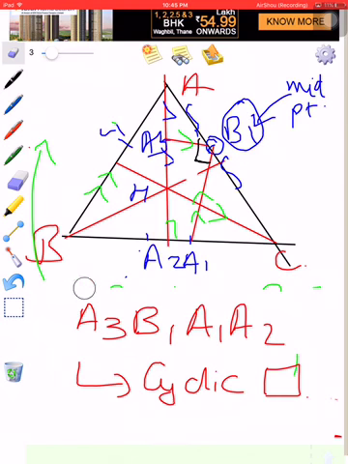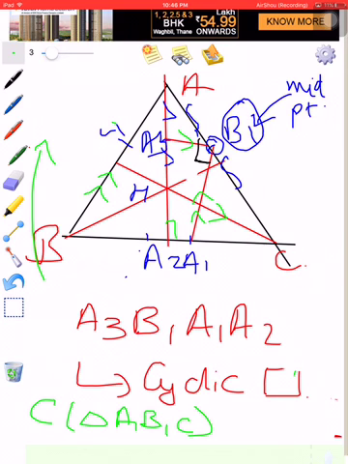Is this clear? It should be. So this is a cyclic quadrilateral, and I know that A2, A1, B1 lie on one circle, which is actually the circumcircle of triangle A1, B1, C1.